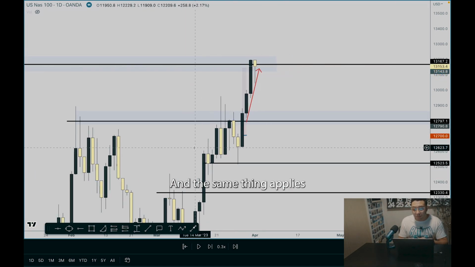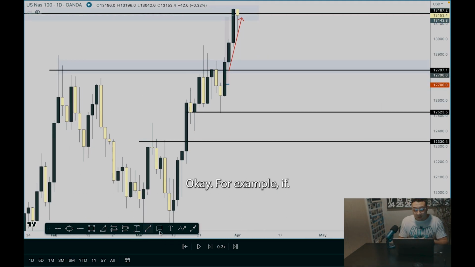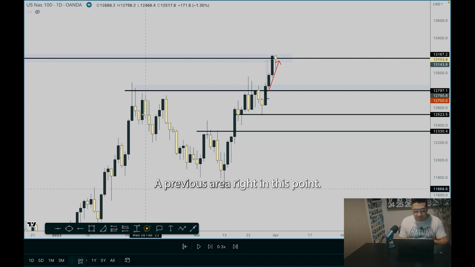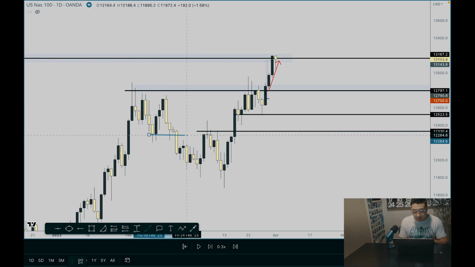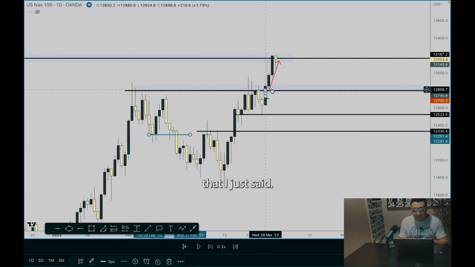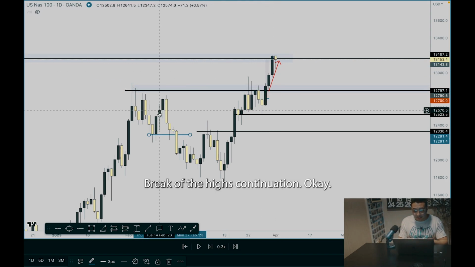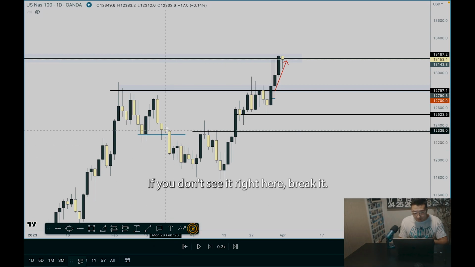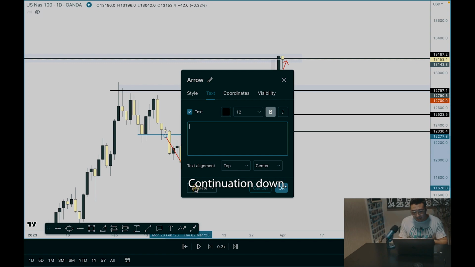And the same thing applies if you're taking sells. For example, if we look at something else right here, a previous area, it's the same exact concept that I just said. Break of the highs, continuation. Break of the lows, continuation. If you don't see it right here, break of that blue line, break of the lows, continuation down.